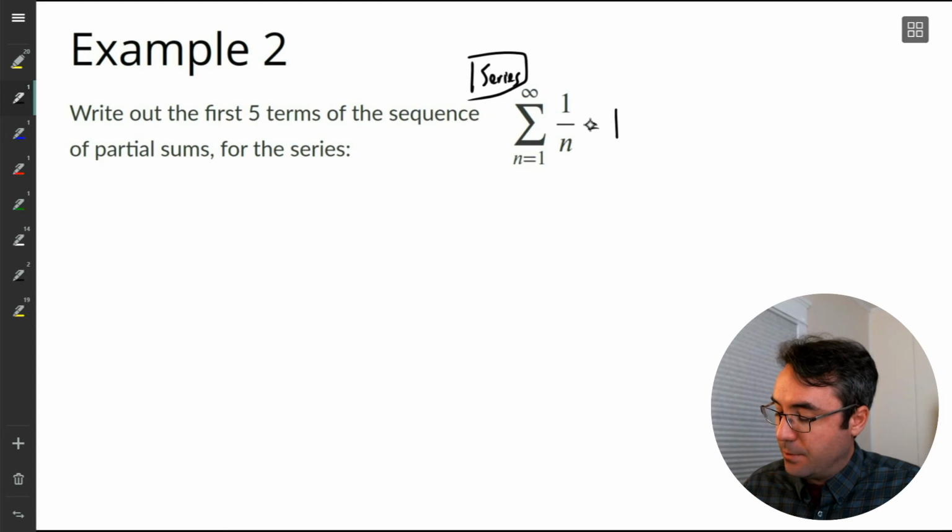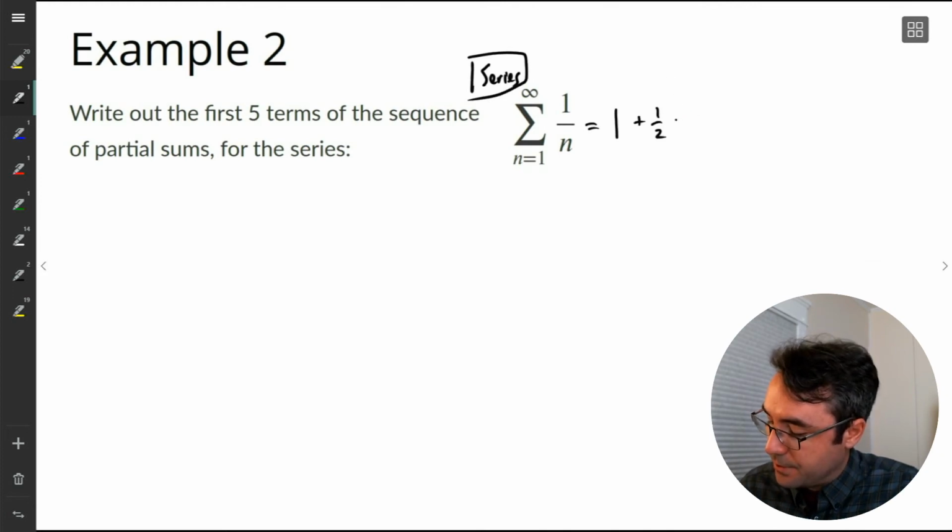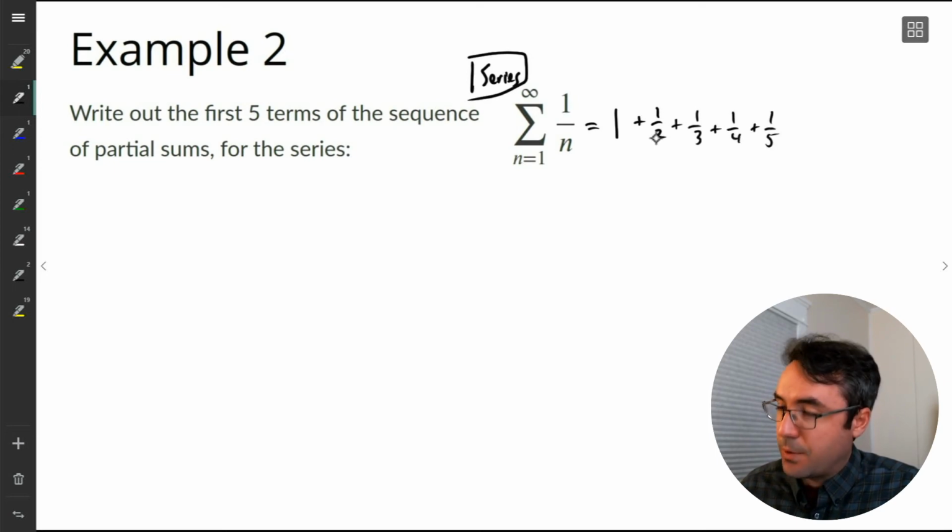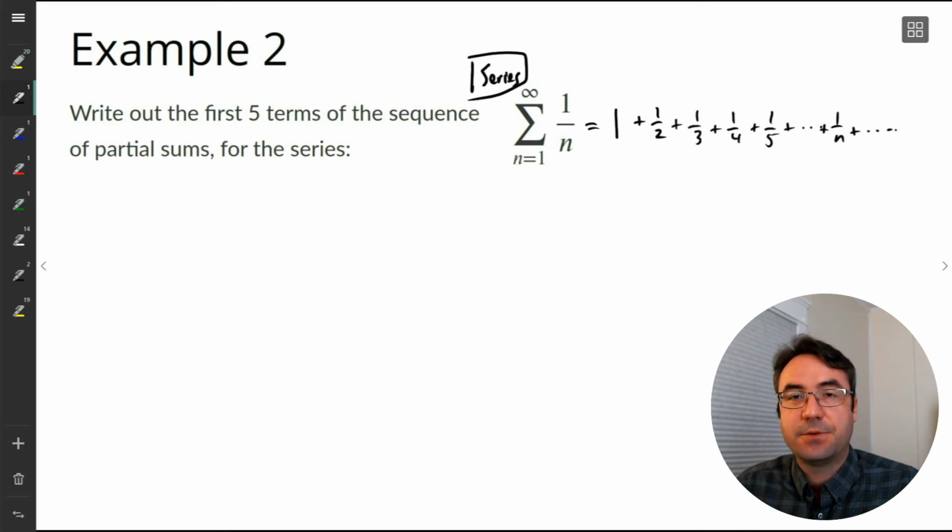When n is 2, we get 1/2, so plus 1/2. Then when n is 3, we get plus 1/3. Then n is 4, we get 1/4. N is 5, we get 1/5, and we're adding all these together. We keep going. The nth general term is 1 over n. So that's our series, written out 2 different ways.